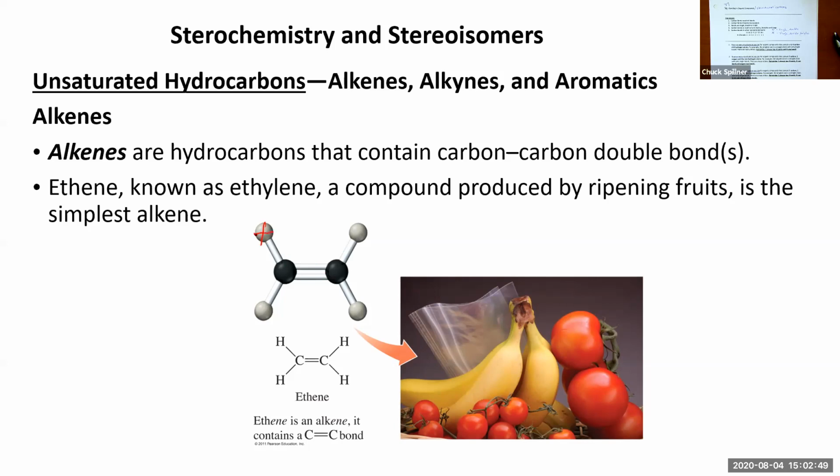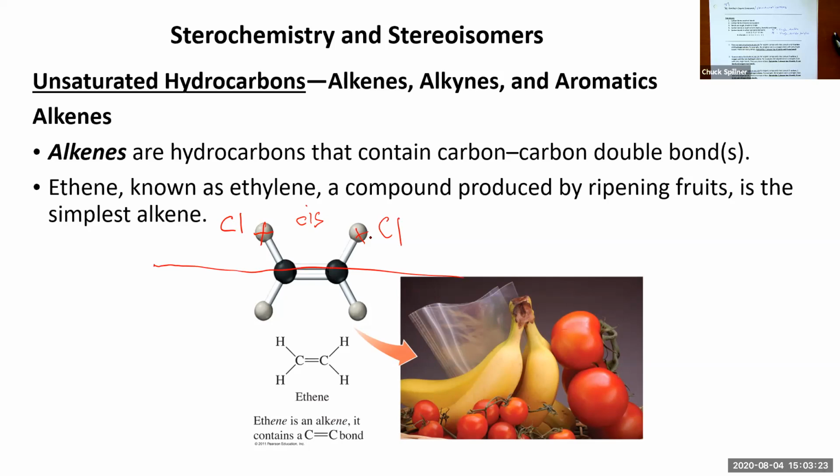If we cross off the hydrogen and instead put a chlorine here, cross off this hydrogen and put a chlorine here, now these chlorines are on the same side of that double bond. And that turns out to be a cis compound, because the chlorines are on the same side. It can be on the top side or the bottom side. If you look at the plane of this double bond, we could say both chlorines are above it.